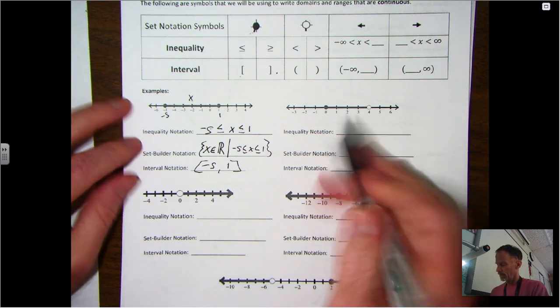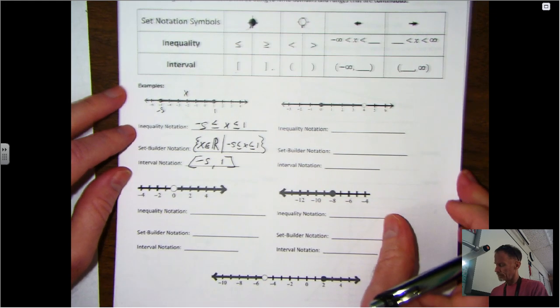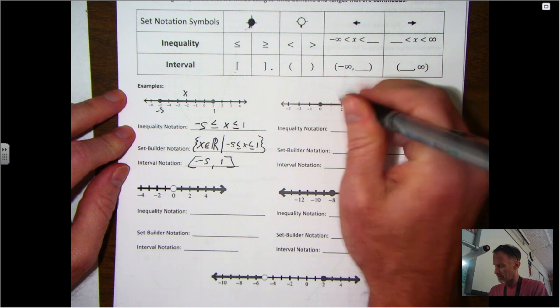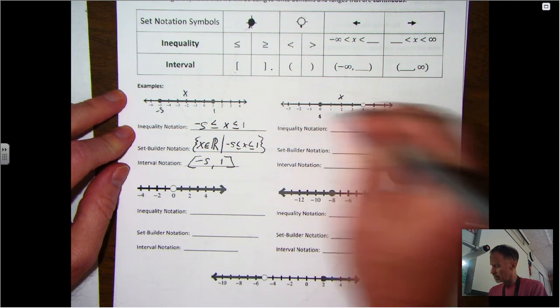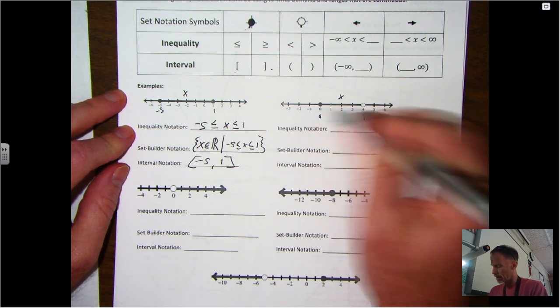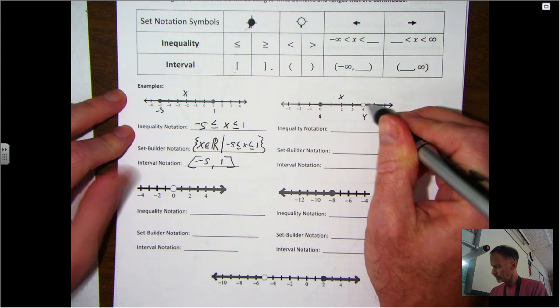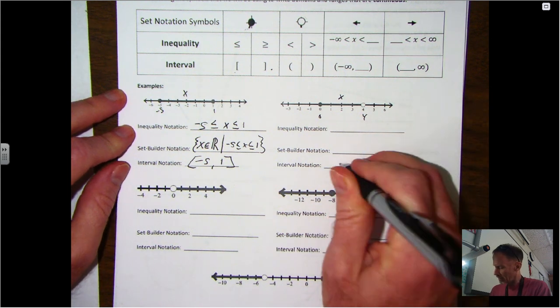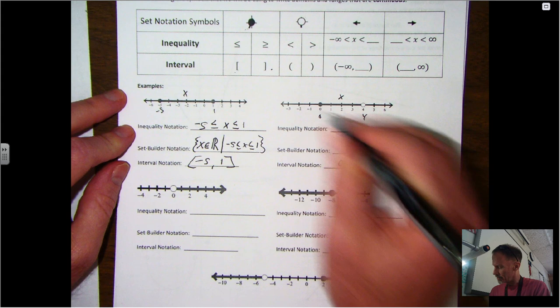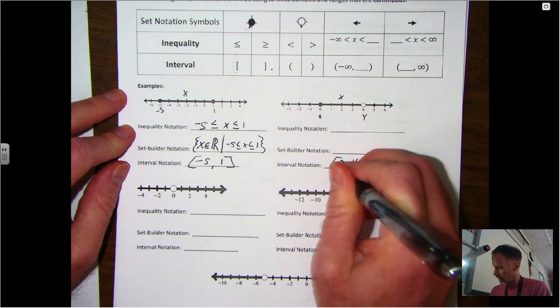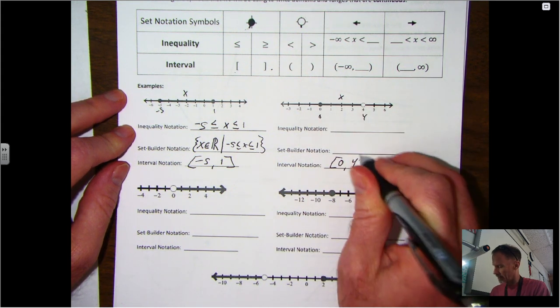Okay, so let's go and do this next one here. Again, we have another sandwich. x is between 0 and 4, but notice this time we have an open circle. So interval notation, same thing. From 0 to 4, 0 is included, so it gets a bracket. 4 does not, so that gets a parenthesis.